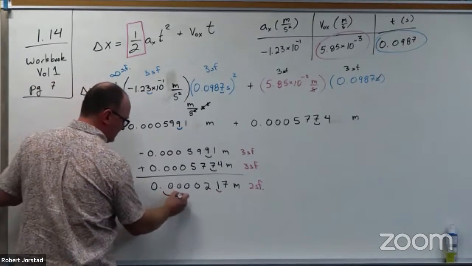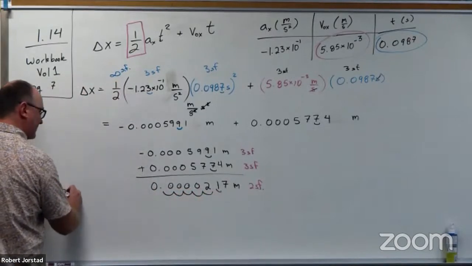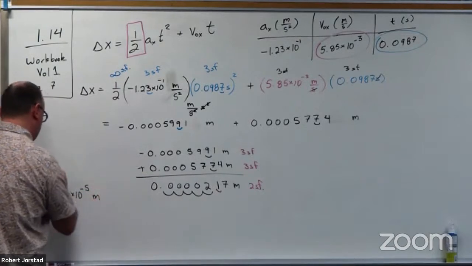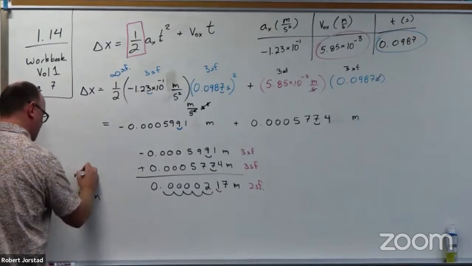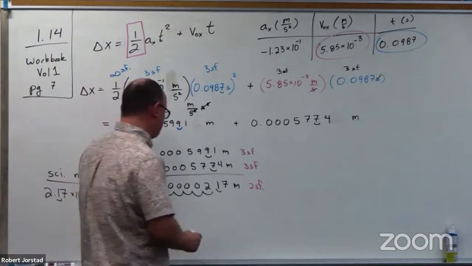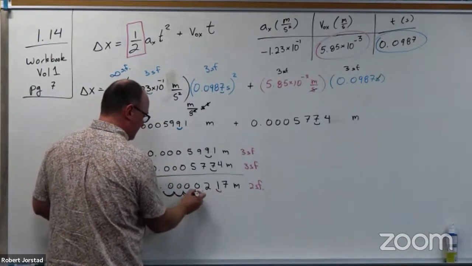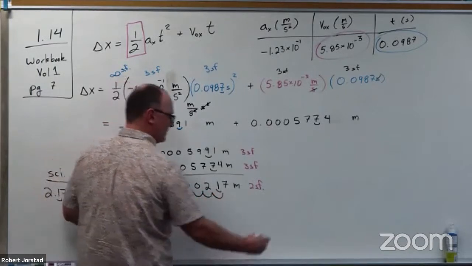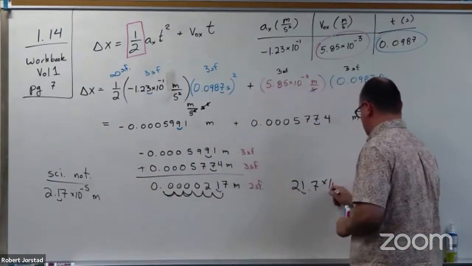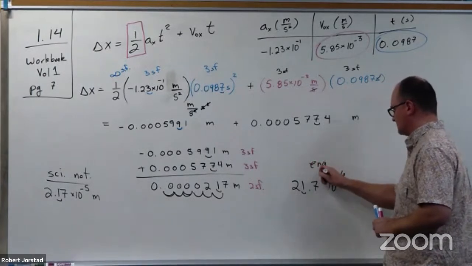So it's 2.17 times 10 to the minus 5th meters in scientific notation, if we needed it that way. Or I could write this as 21.7 times 10 to the minus 6th meters in engineering notation.